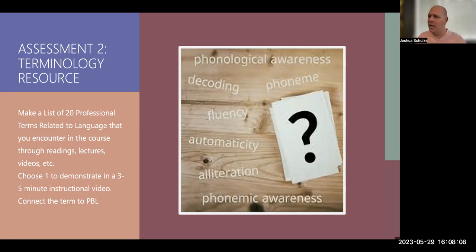Okay, so you're not doing an entire lesson, you're just showing us one instructional strategy and giving us an overview of what that would look like if it were taking place and incorporated into a place-based lesson. There are going to be a lot more instructions on this assessment, okay? Pretty straightforward, connecting practice with the terms.